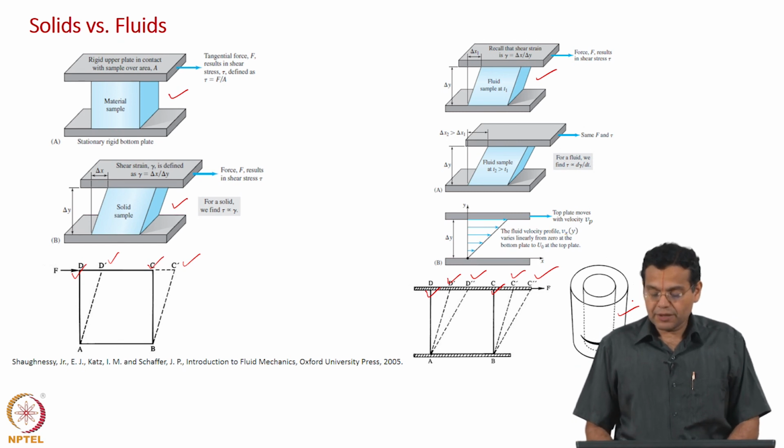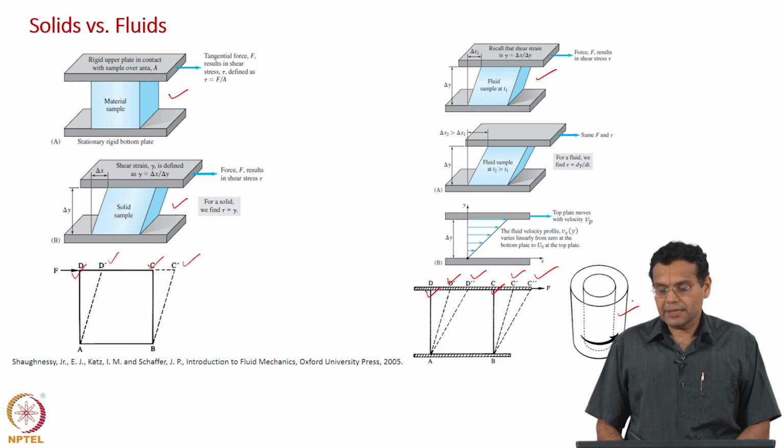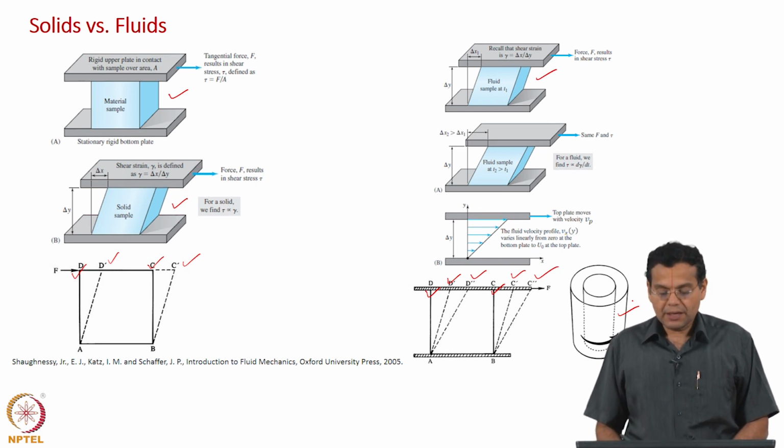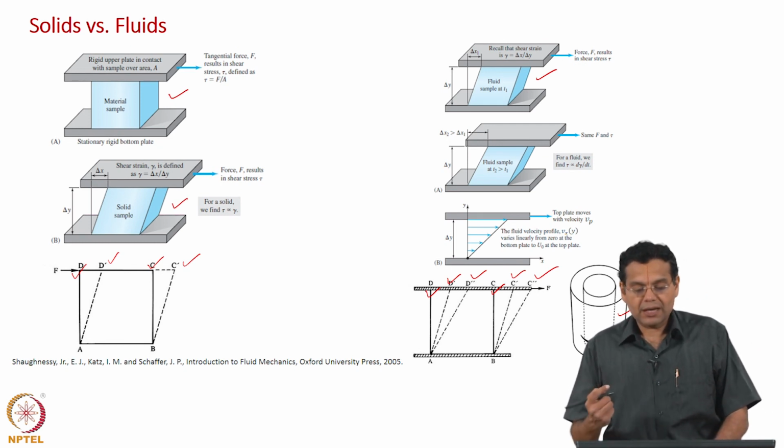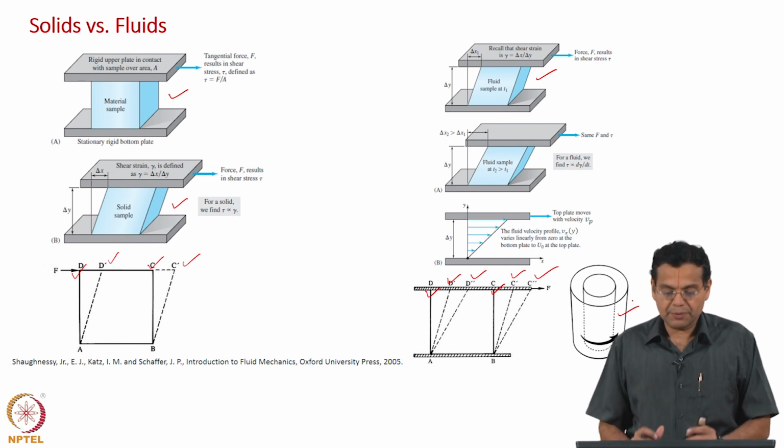But in the case of fluid, what happens? If you fill a fluid between the two cylinders, the force required to rotate the inner cylinder will now depend on how fast you rotate the cylinder. So, it depends on the rate of deformation. In the first case, in the case of solids, the force depends on deformation.